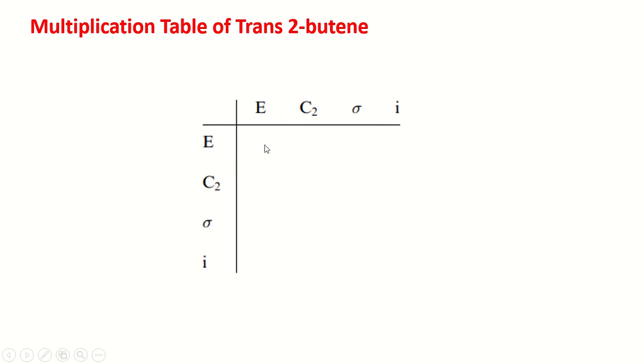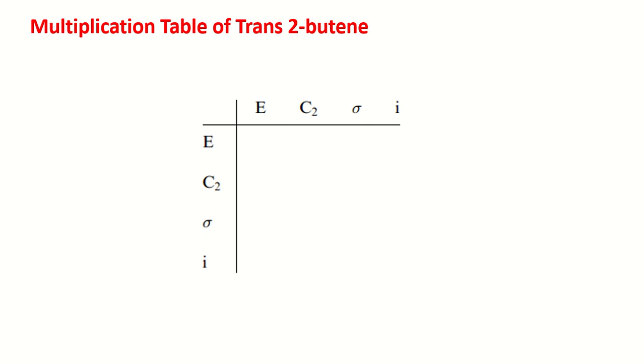The result would be the identity, and identity then C2, the result would be C2. Identity with sigma, the result would be sigma. Identity with inversion, the result would be inversion. We already discussed that if any operation is multiplied with the identity, the result would be the same.